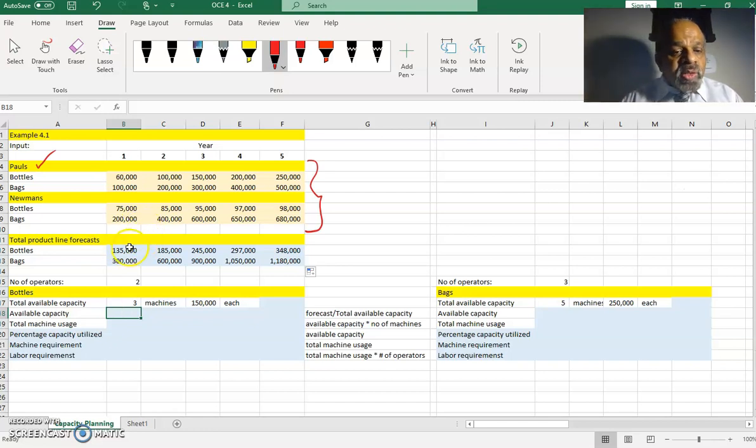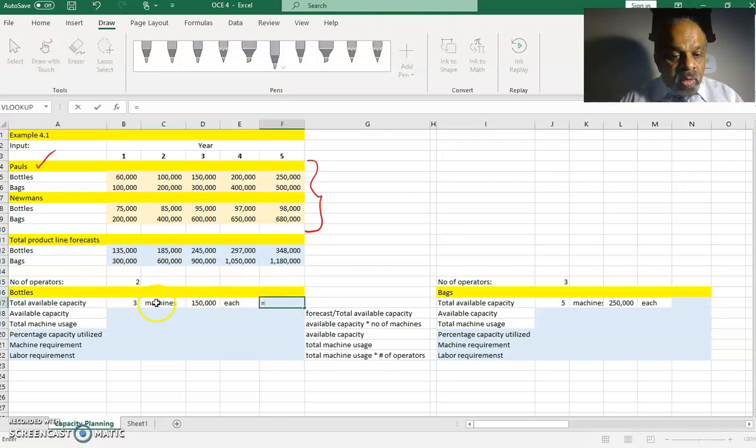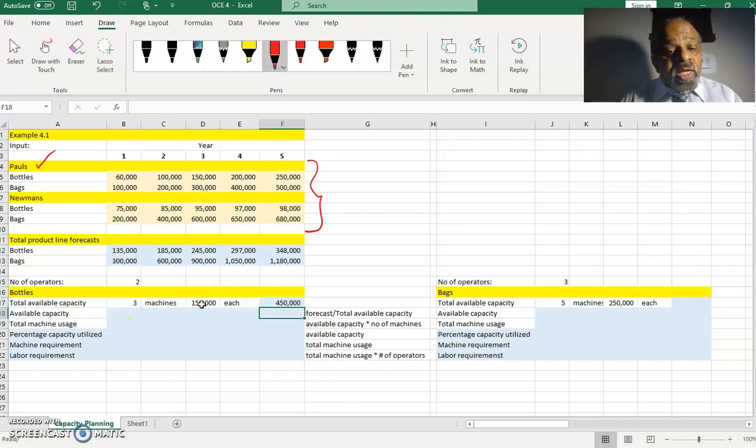I want to produce 135,000 bottles. But how many bottles can I produce? With 3 machines, with 150,000 each, I can produce 3 times 150,000, which is 450,000 bottles. That is my total available capacity.